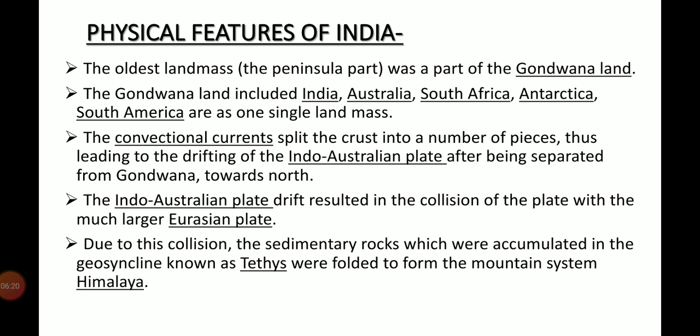The Indo-Australian plate's drift resulted in a collision with the much larger Eurasian plate. Due to this collision, the sedimentary rocks accumulated in the geosyncline, a narrow and shallow sea known as Tethys, were folded to form the Himalaya mountain system.